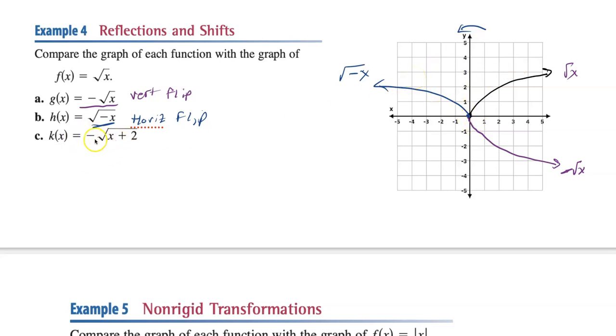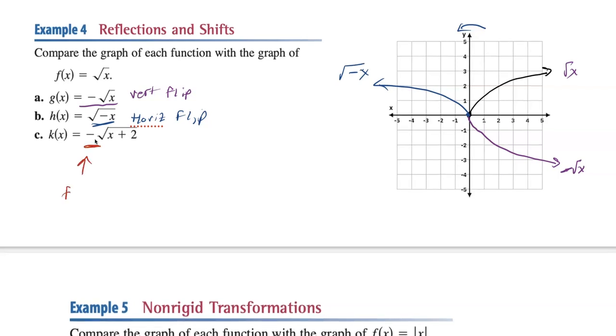The one right here. Notice it's a negative on the outside. So flip down, vertical flip. It's going to look like this, ish. And then we're going to move it left 2. Inside opposite. This is inside, x, opposite. We're going to move left and right.